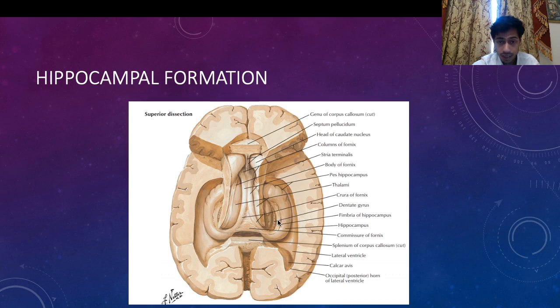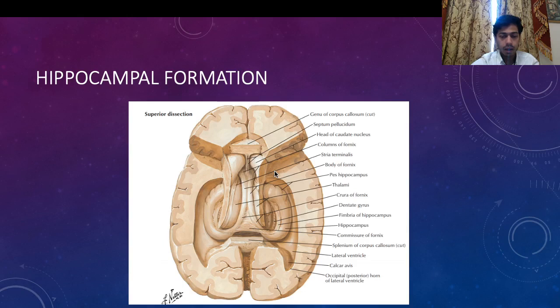So the dentate gyrus is right here. Then the next thing that it's composed of is the proper hippocampus, or the Hammond's horn. If you can visualize it here. So I think in the following images you'll see that a bit more clearly. You can't see it very clearly here.